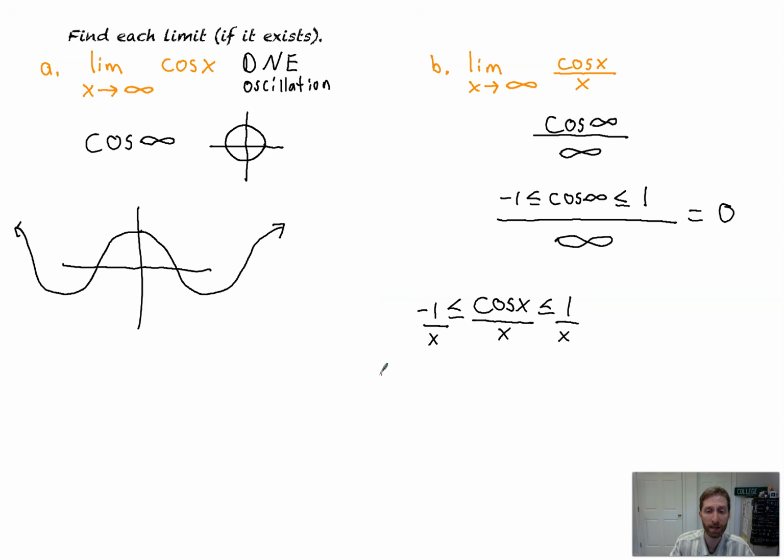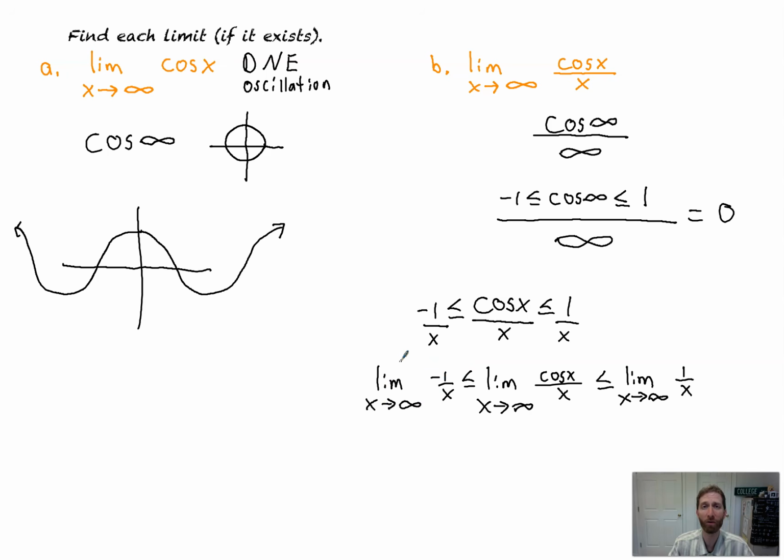So if we take the limit of each individual term, the limit as x goes to infinity of -1 over x, the limit as x goes to infinity of what we want, cosine of x over x, and last but not least, the limit as x goes to infinity of 1 over x. Well, the limit as x goes to infinity of -1 over x is 0, -1 over huge.